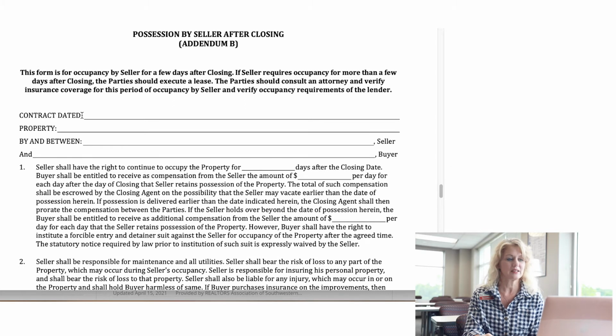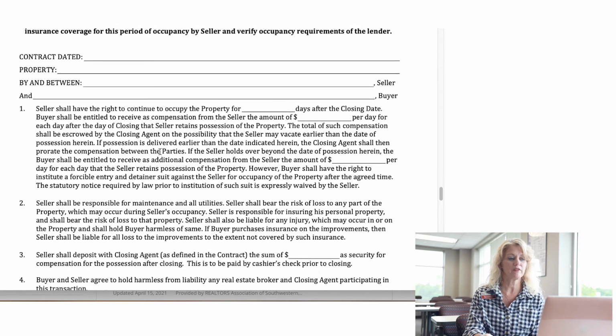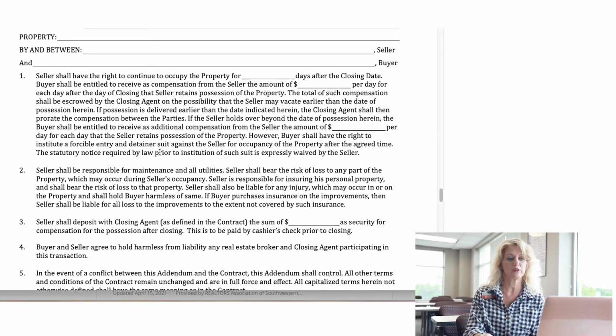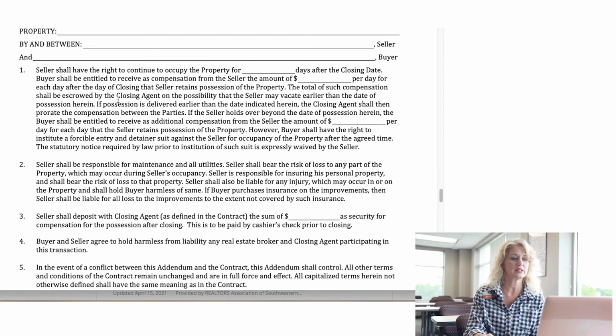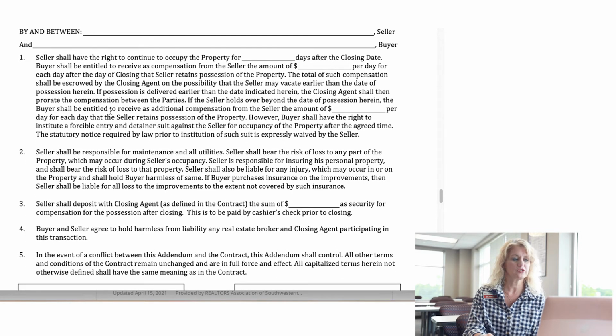So contract dated, property address, again, sellers and buyers, you identify the parties to the contract, and then the language would provide for the seller to continue to occupy the property for blank days after the closing date, and then in the amount per day that the seller would now pay to the buyer. And then the buyer shall be entitled to receive additional compensation from the seller in the amount of blank per day that the seller retains the property.